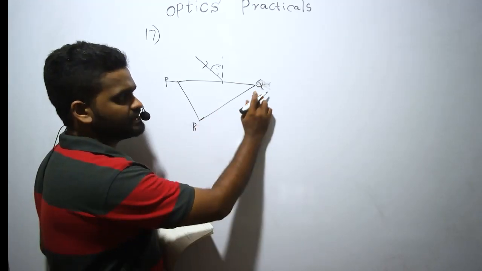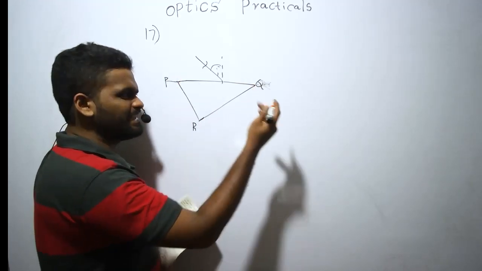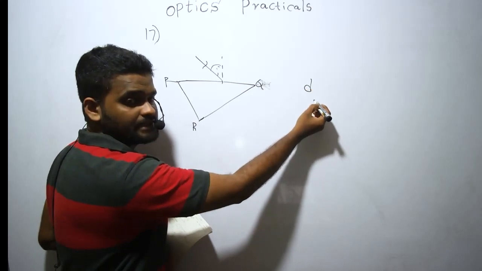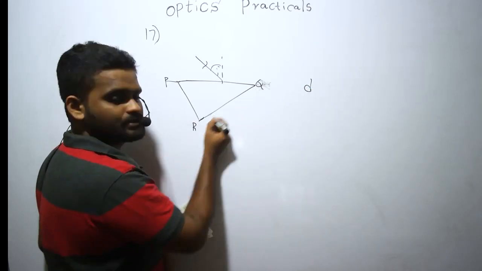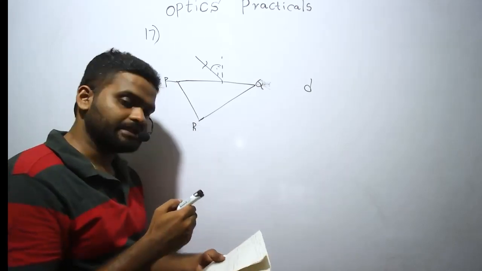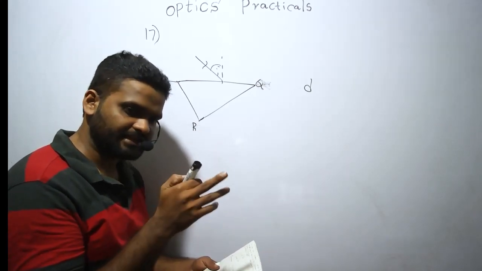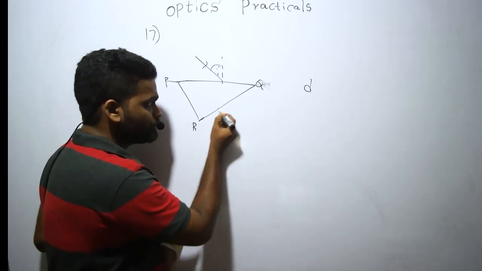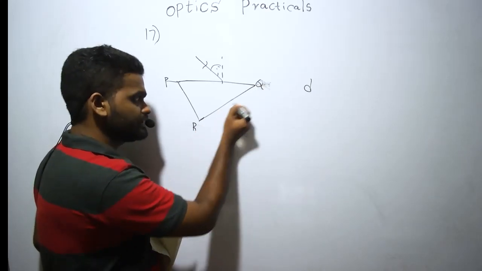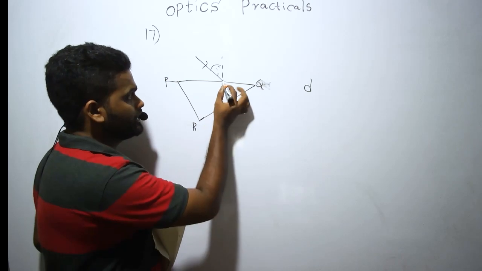Because we didn't draw this QR. We only needed the angle of deviation, D. So we didn't draw this one earlier. But in this sentence, what they explain is, if you draw this QR side, what can you do?